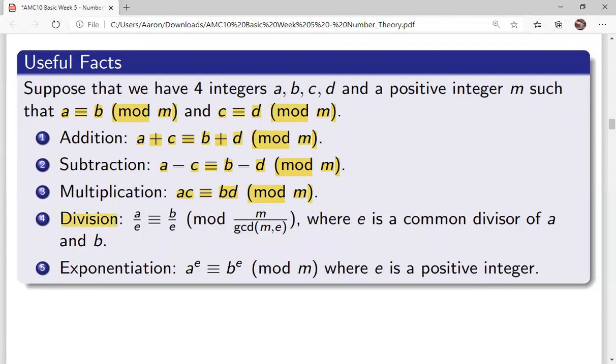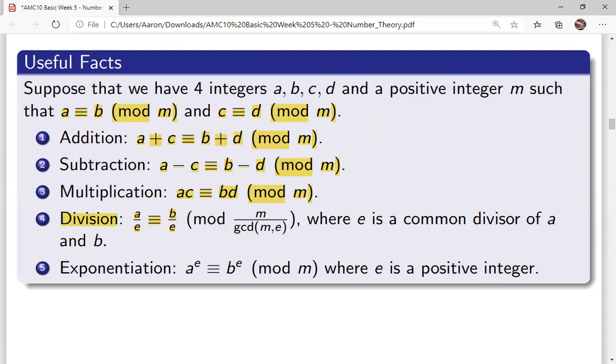But division is where it doesn't match with the normal rules of equations. So division in modular arithmetic is not always reversible. You can't just multiply by something and divide by the same thing, and you can't always say that it's necessarily true.